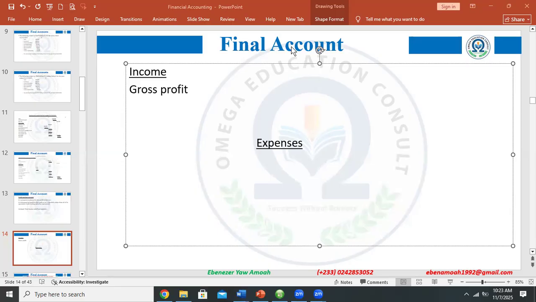So it depends on the balance. We know all expenses have debit balance. So if the rent is at the debit column of your trial balance, then it's an expense. But if it is on the credit side, then that will mean the sole trader is rather collecting the rent. So that becomes an income. So we have rent paid and rent received. So you always have to be clear about it, right?